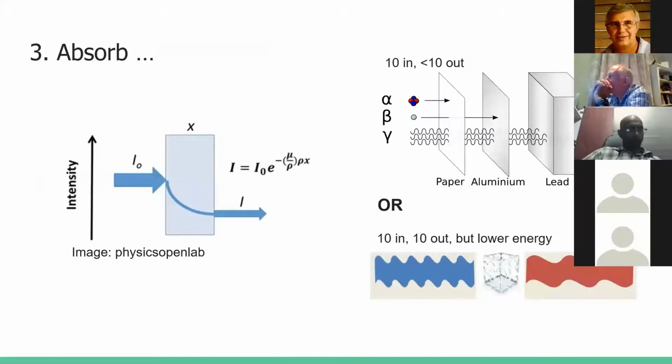Then we need to show that light can be absorbed. Light, being an electromagnetic wave, can definitely be absorbed. Every electromagnetic wave will react to coming into contact with matter according to the graph that you see on your left-hand side.